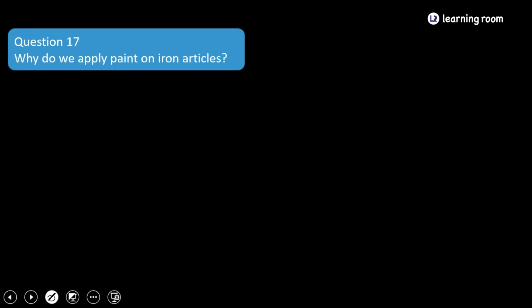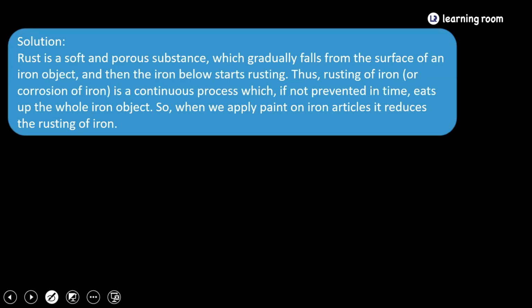Why do we apply paint on iron articles? Corrosion is taking place. Corrosion is a very slow oxidizing reaction, in which iron gets oxidized into iron oxide. It is the addition of an electronegative element to the metal, an oxidation reaction. Rust is a soft porous substance which gradually falls from the surface of an iron object.